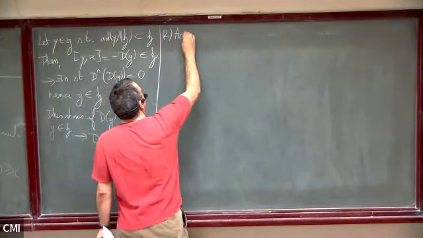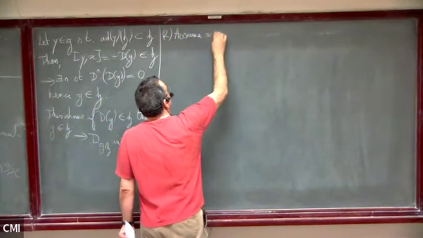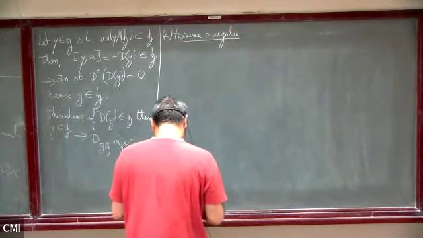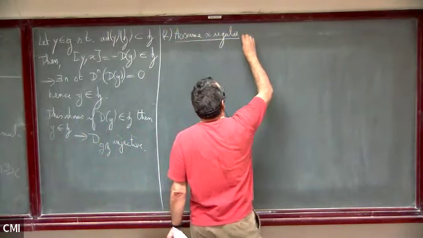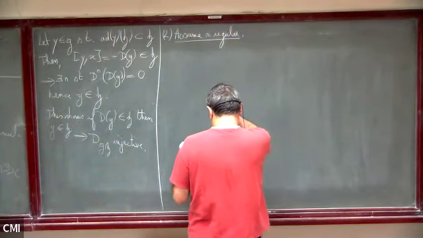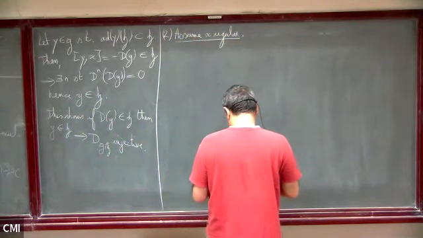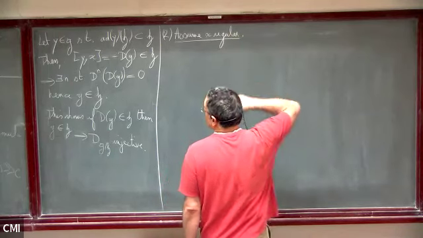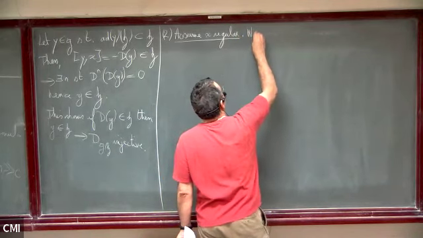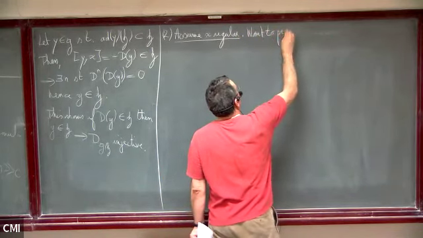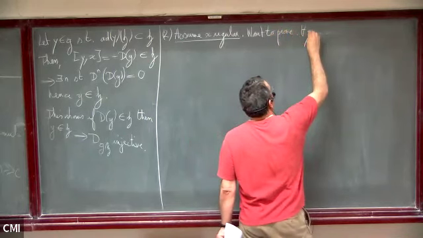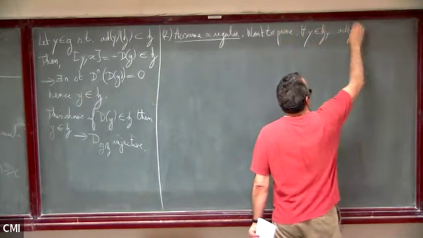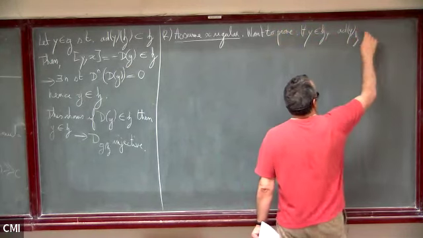So assume x is regular. So we want to prove that for any y in H, ad y is nilpotent.